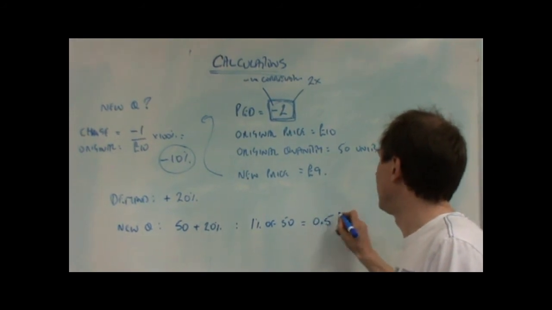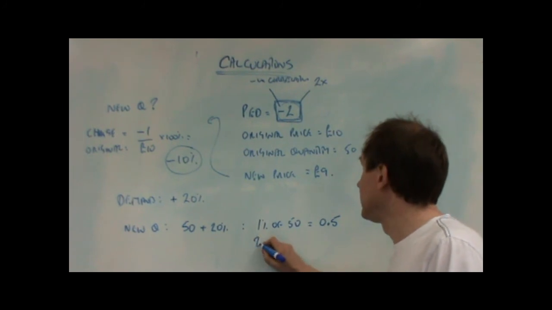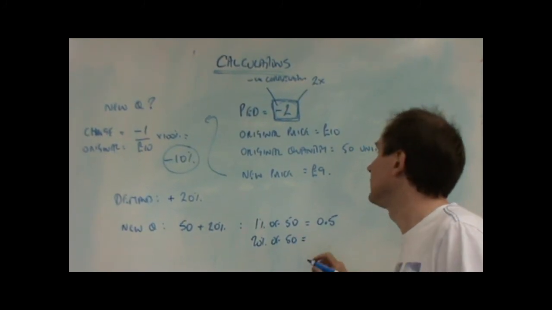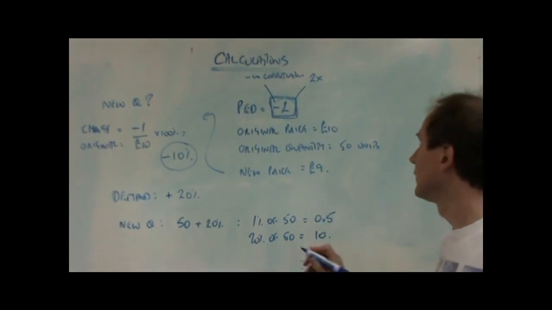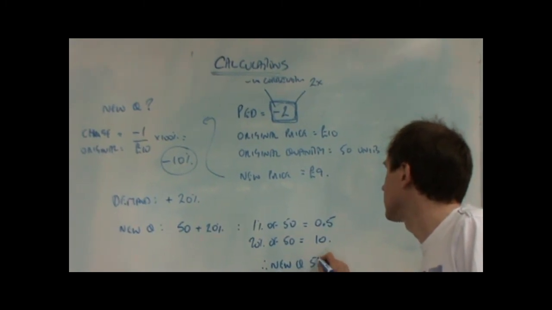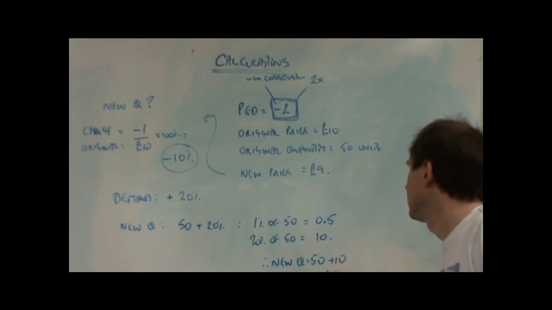It's 0.5, divide by 100 effectively. So 20% of 50 is therefore 10. So our new quantity is 50 plus 10, 60 units.